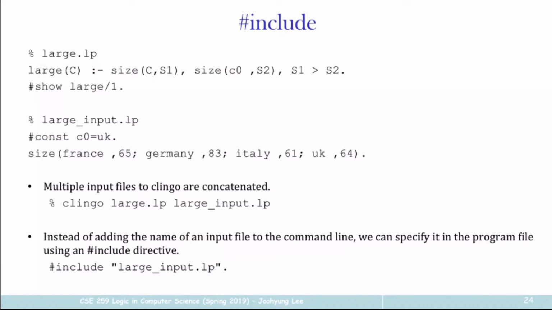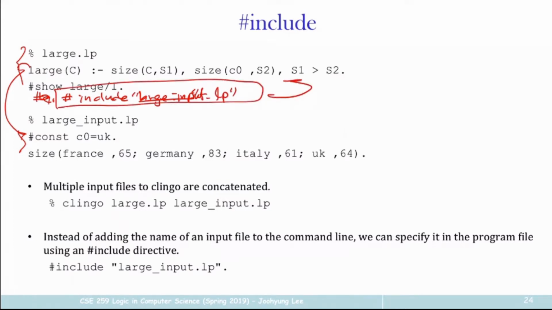If you have a large.lp file, which is the rule file, and you want to include the other file inside, you can put pound include and then the file name, large input.lp here. You can include this line in the first file, then you don't need to call large input.lp separately because it will be included when you load the large.lp file.